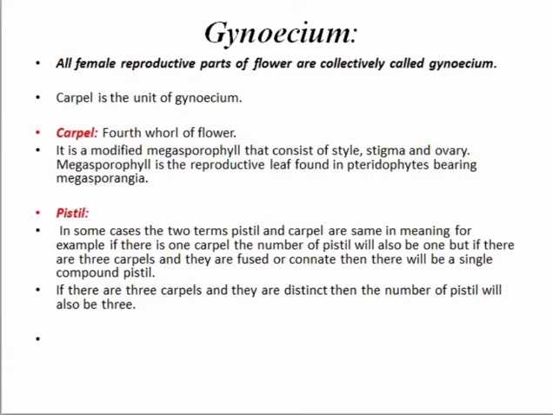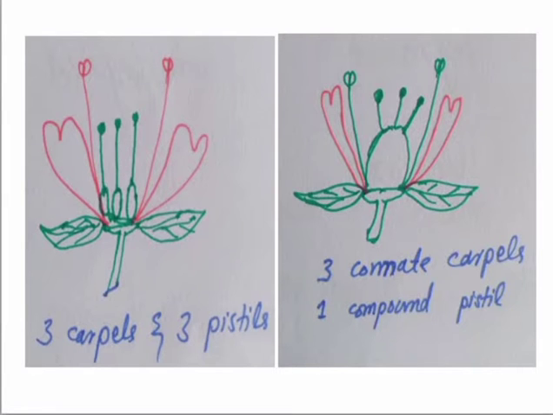If there are 3 carpels and they are distinct, meaning they are not connate or fused, then the number of pistils will also be 3. If they are fused, then the number of pistils will be single but compound because of the fused carpels. Look at these structures. Here there are 3 carpels, number 1, number 2, number 3.